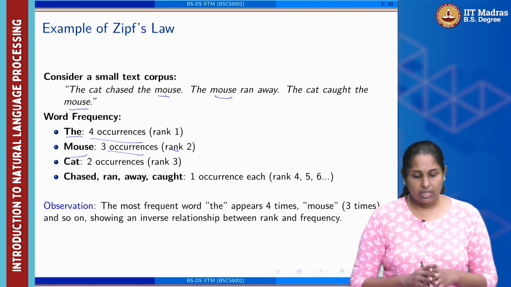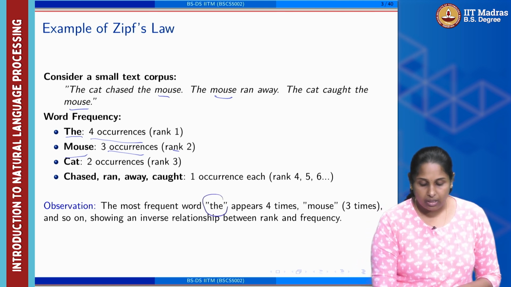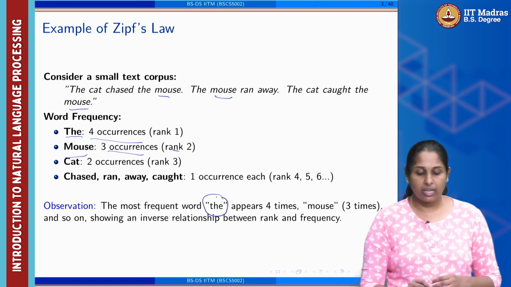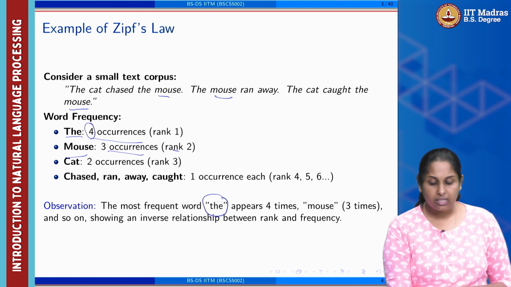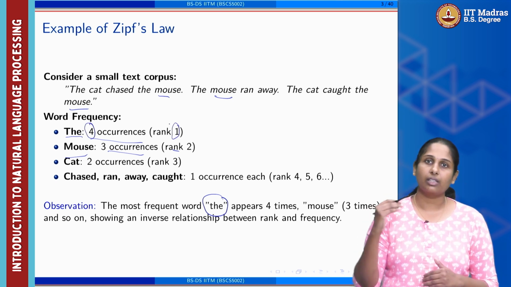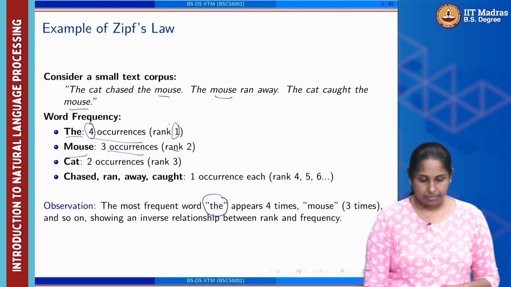Now the observation is that the most frequent word here, "the", appears 4 times and "mouse" appeared 3 times. So this shows that the more times it occurs, the higher its rank. So the top rank is the word that occurs multiple times in the complete corpus.